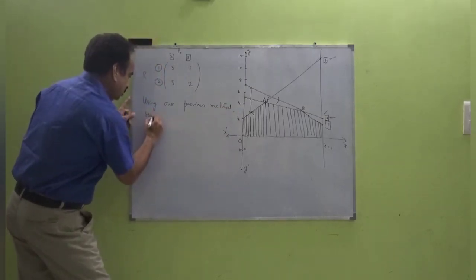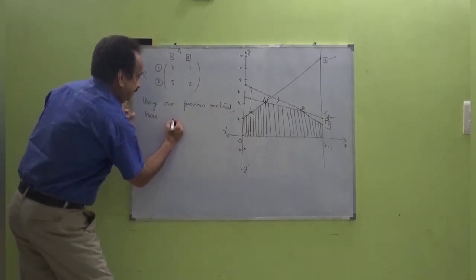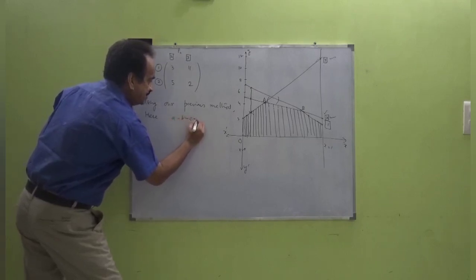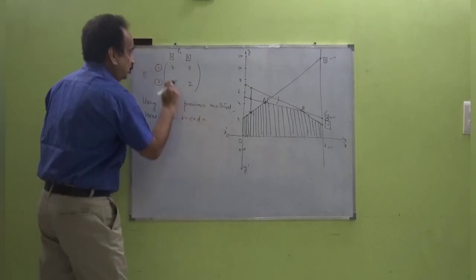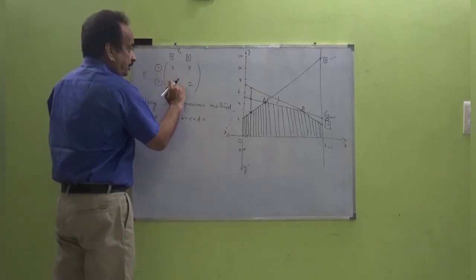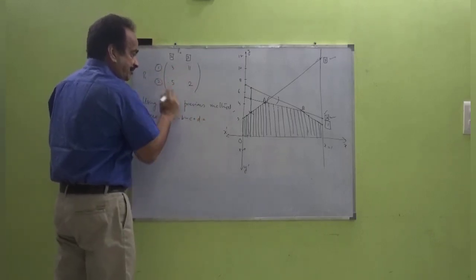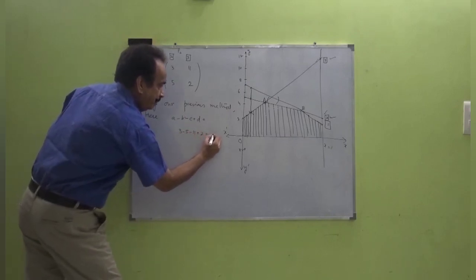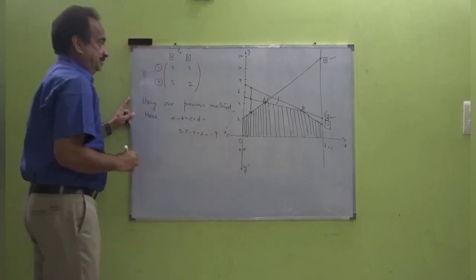here, A minus B minus C plus D, that is delta, is equal to 3 minus 11 minus 5 plus 2, which is equal to minus 11.